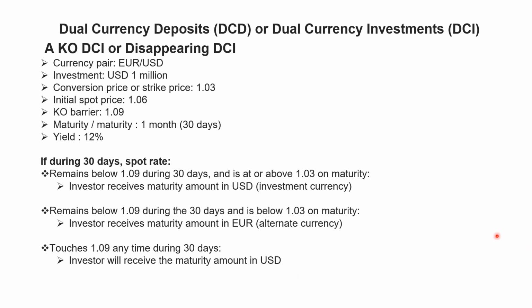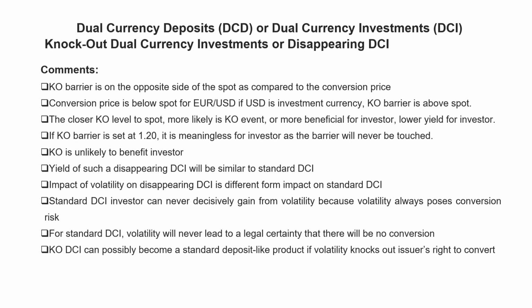In such a scenario, the product is akin to a standard deposit as far as the maturity amount is concerned. As evident in a disappearing DCI, the KO barrier is on the opposite side of the spot as compared to the conversion price. That is, the conversion price is below the spot for Euro-USD with USD as the investment currency, and the KO barrier is above the spot.